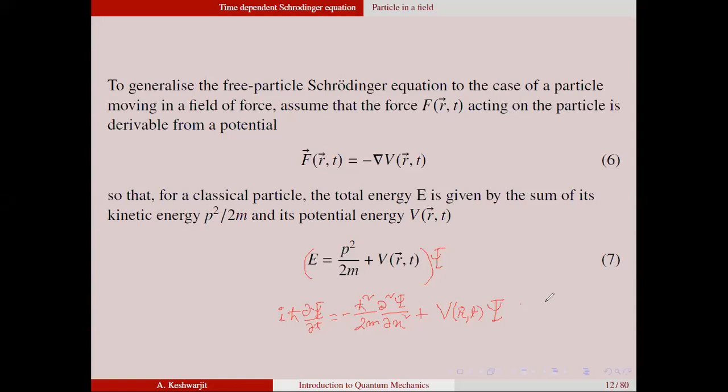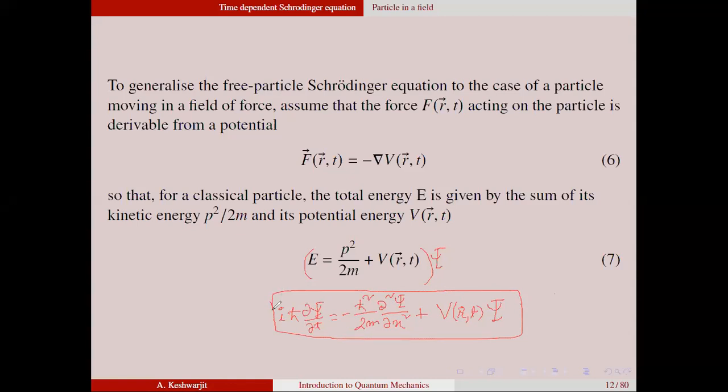Second order derivative with respect to space. So this is the Schrodinger equation for a particle moving under the influence of a force.